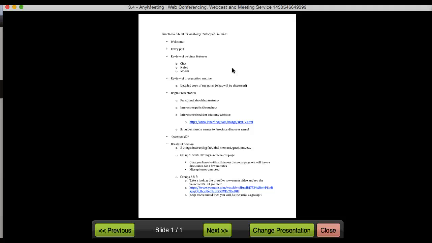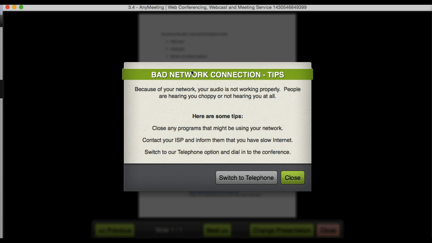Shortly, we will be going over the chat feature, the notes feature, which acts like the whiteboard. Anybody can post notes on there for the entire class to see. And then we'll go over the mood, so that if you would like to raise your hand, if you have a question, your microphones will be muted at the moment.